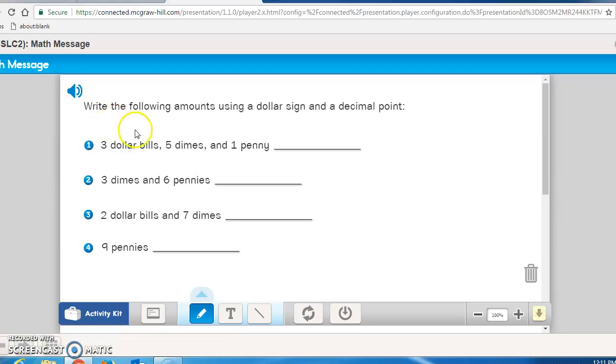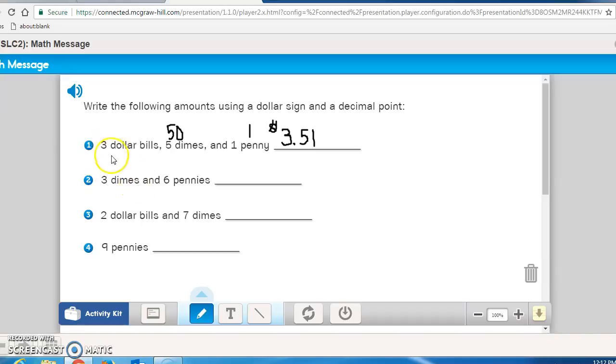Well, that would be $3. 5 dimes would be 50 cents. And 1 penny would be just 1 cent. So I would write it $3 and 51 cents. Don't forget to draw your dollar sign.